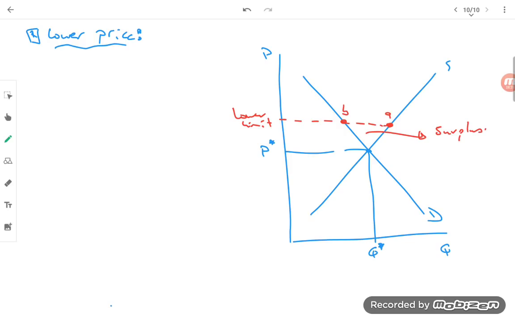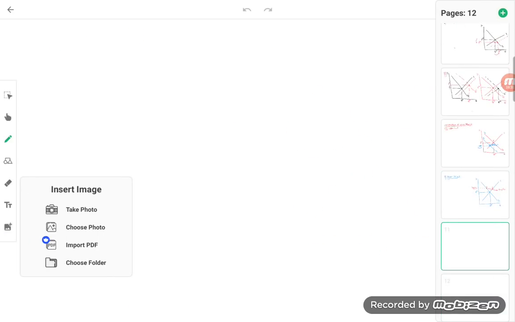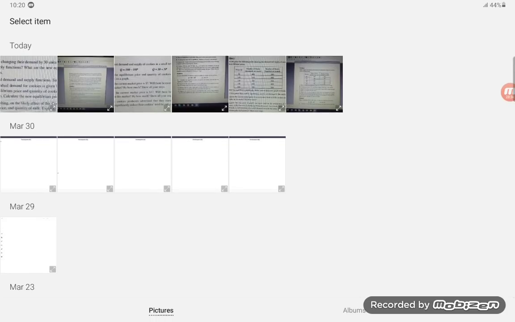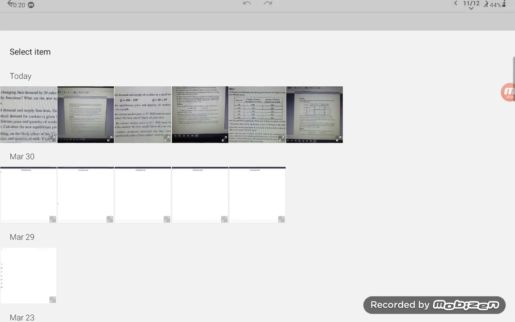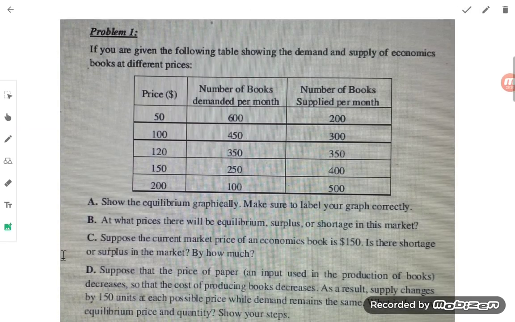Okay, now let's take an example in order to summarize what we have mentioned in this chapter. You are given the following table showing the demand and supply of economics books at different prices.